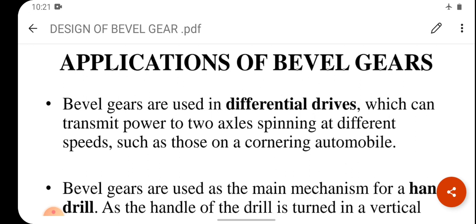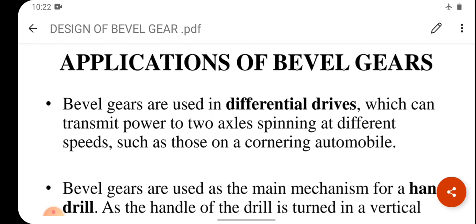This is nothing but differential, and motion of one wheel is different to another wheel, or you can say there is a slight difference between the motion of the wheels on the rear axle.